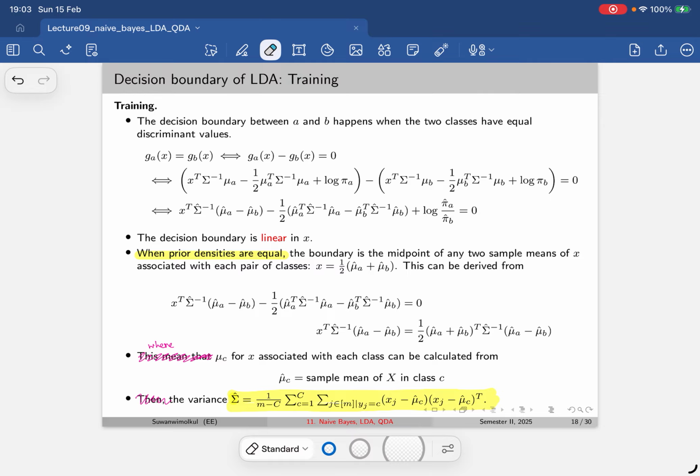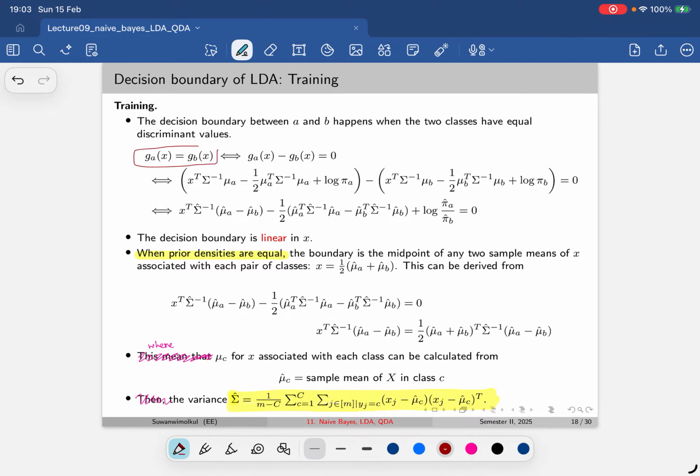The decision boundary is the location of X, or in other words, I should put it this way, it's the situation where you get the same value for the discriminant function given the same X. It's when your discriminant functions have the same value for the same X.